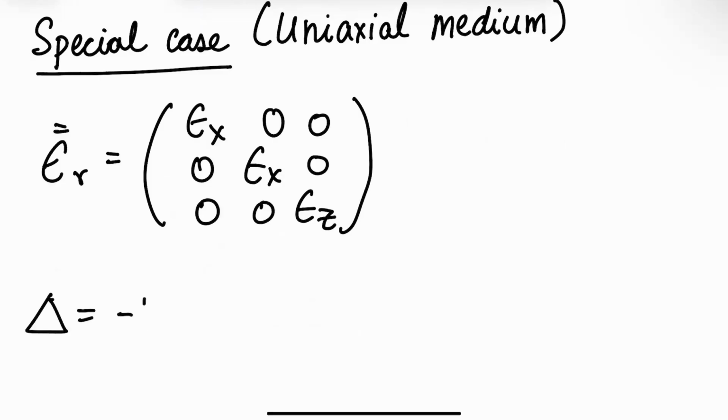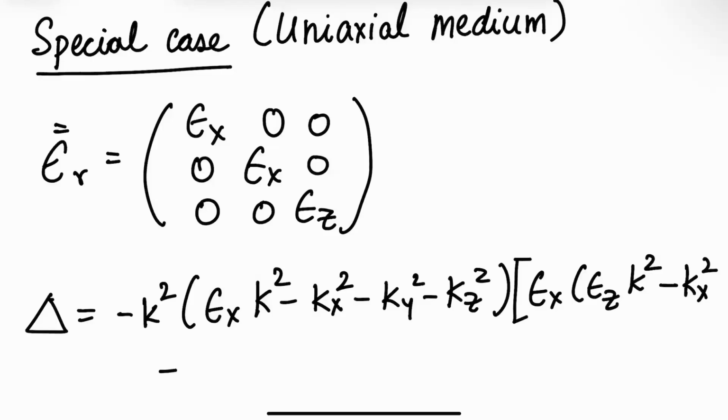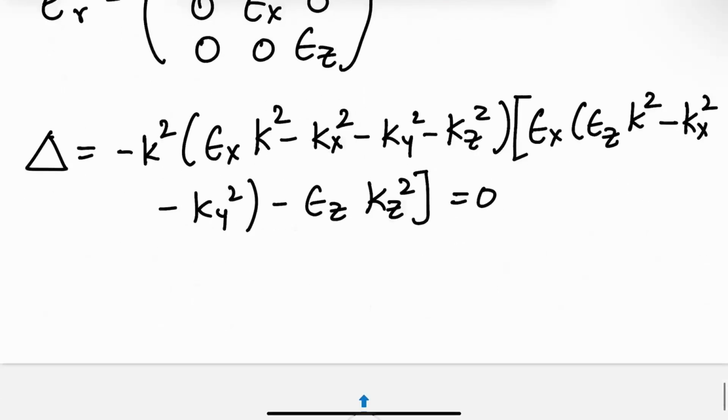So in this case, the determinant becomes minus k squared epsilon x, k squared minus kx squared minus ky squared minus kz squared, times epsilon x, epsilon z, k squared minus kx squared minus ky squared minus epsilon z kz squared, and we can set that to 0 to get our dispersion relations, right?